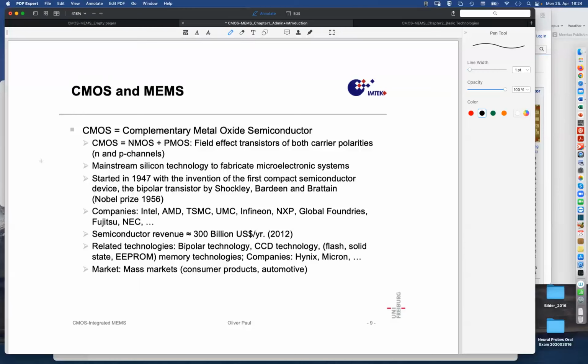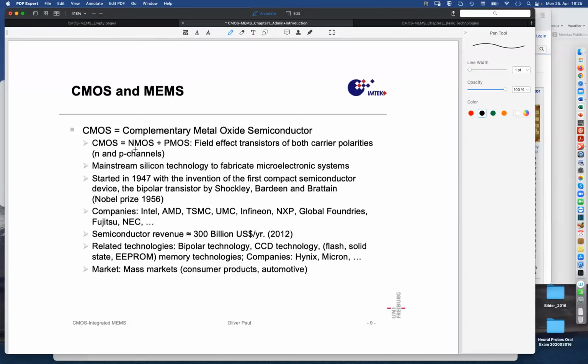So CMOS means complementary metal oxide semiconductor. Complementary to what? Well, to itself, because within CMOS there is NMOS, N-channel MOS, and PMOS, P-channel MOS. There are N-channel MOSFET transistors, metal oxide semiconductor field effect transistors.